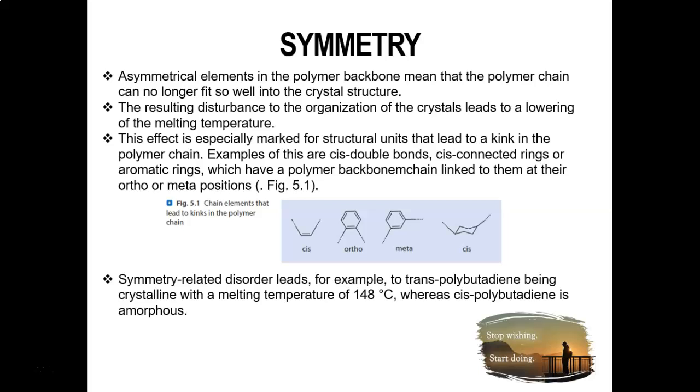Examples of these are cis double bonds, cis-connected rings, or aromatic rings, which have the polymer backbone chain linked to them at their ortho or meta position. So symmetry-related disorder leads, for example, to trans polybutadiene being crystalline with a melting temperature, whereas cis polybutadiene is amorphous. So the symmetry of the element in the backbone will affect the melting temperature itself.